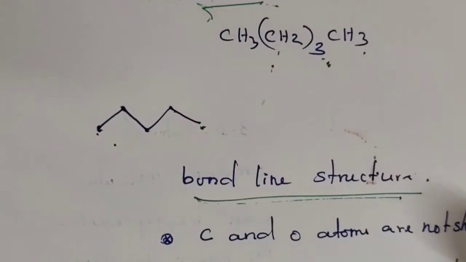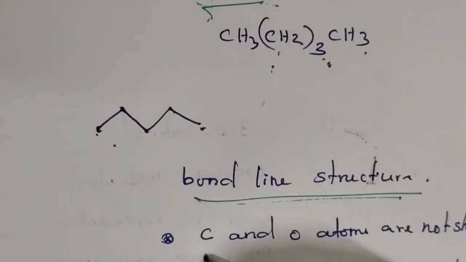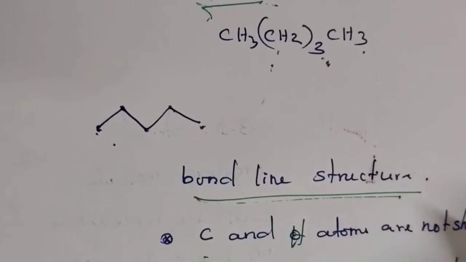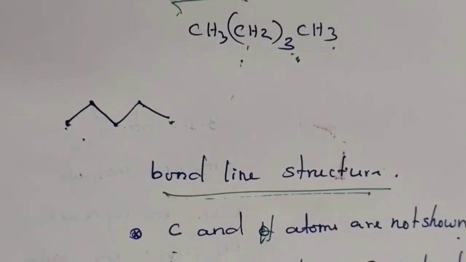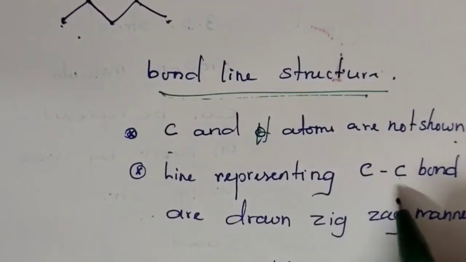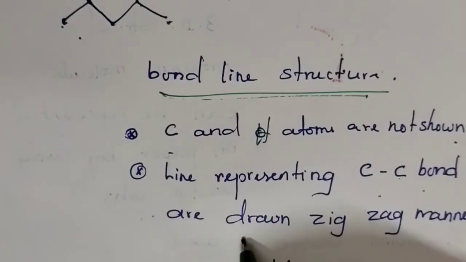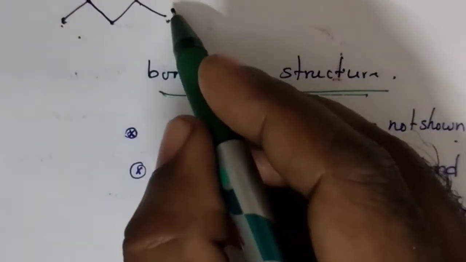In bond line structure, carbon and hydrogen atoms are not shown. We are not representing carbon and hydrogen atoms. The lines representing carbon-carbon bonds are drawn in zigzag manner.